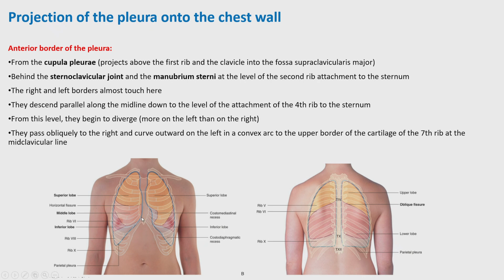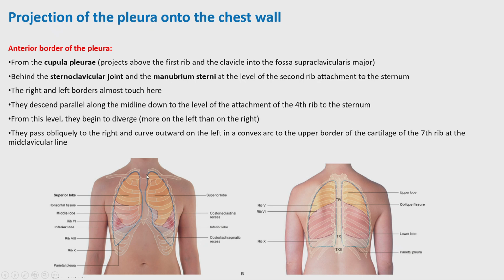On the right side it curves outward and goes approximately to the level of the rib here, which is rib number 8 and 9. And on the left side it also goes obliquely posteriorly. Between this line or contours that we discussed here is the inferior border, and I will tell you exactly at which level you can find the inferior border.